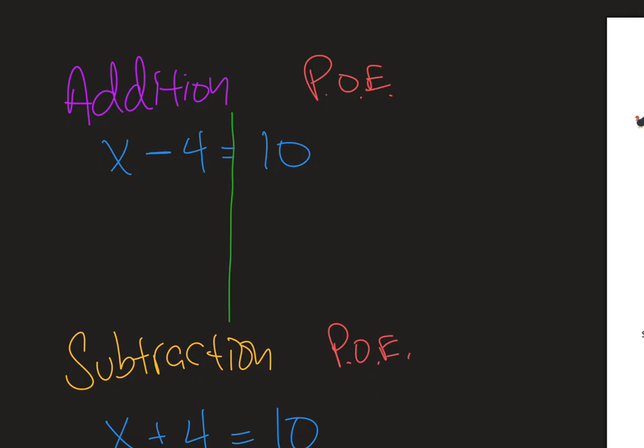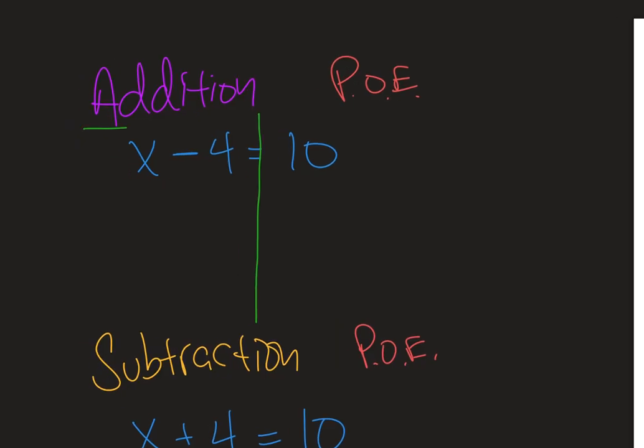But here is how we use the addition property of equality: we are going to add 4 to both sides. The reason we add it to both sides is because if we add it to only one side, things are not equal anymore. But if we add it to both sides, things are still equal. Yay! So now negative 4 plus 4 is 0.